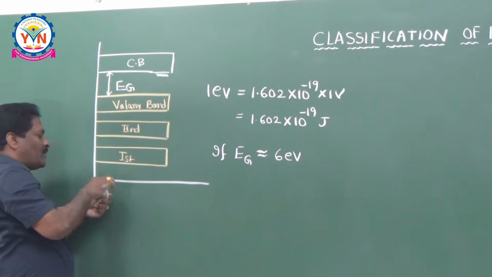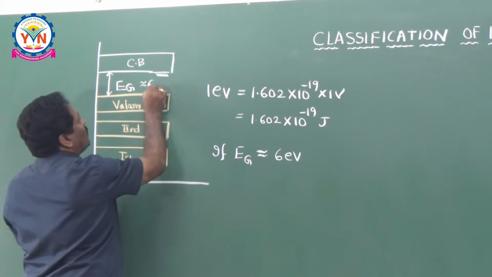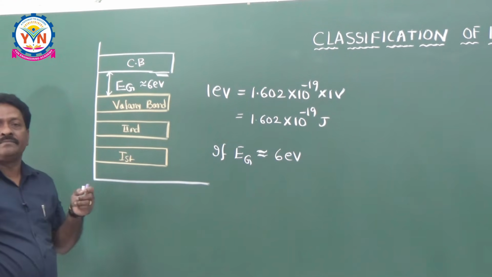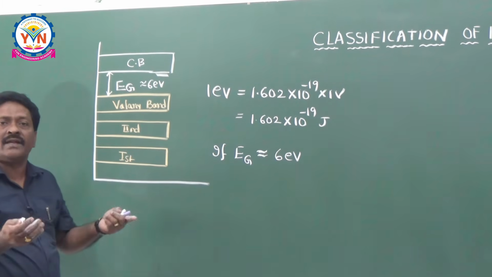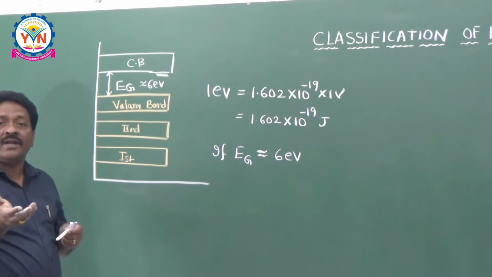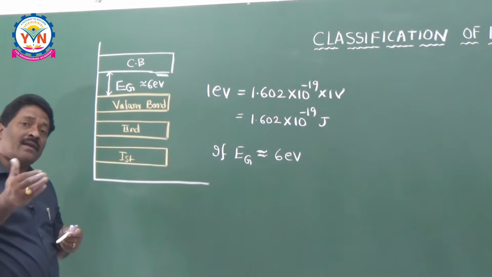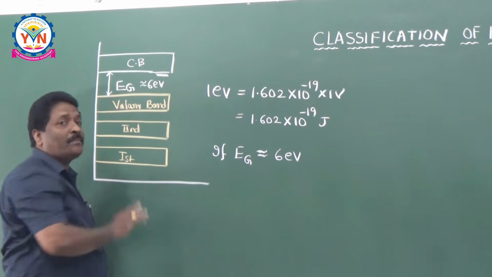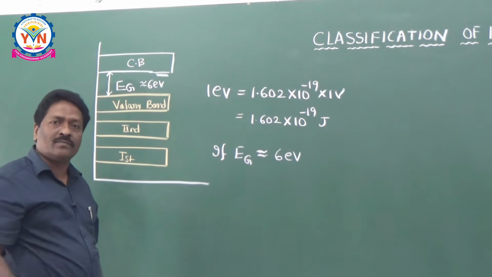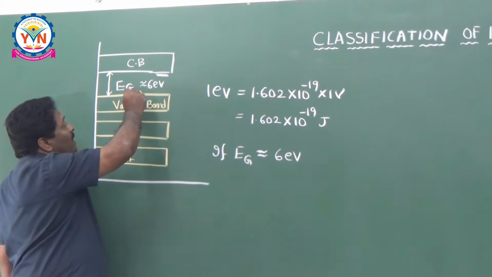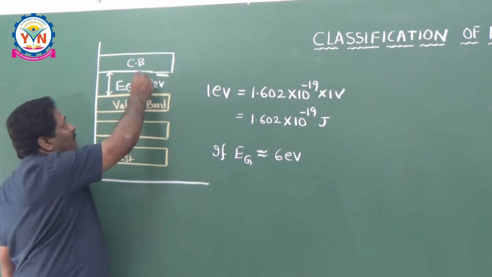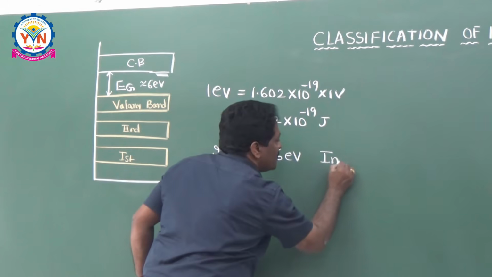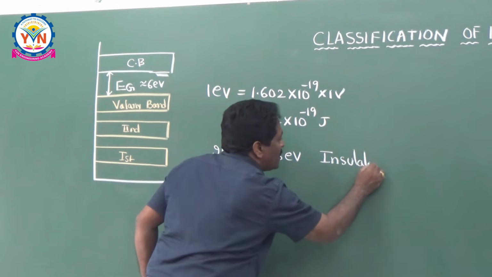If EG is approximately equal to 6 electron volts, a lot of gap is existing between the valency band and conduction band. That can be called an insulator. It is an insulator which does not accept the flow of electricity. That means it is not going to conduct at room temperature or at high temperatures also, because the gap is much more between the valency band and conduction band. So this material is called an insulator.